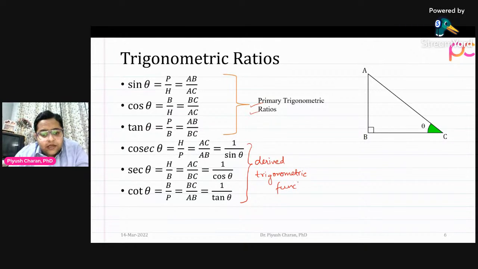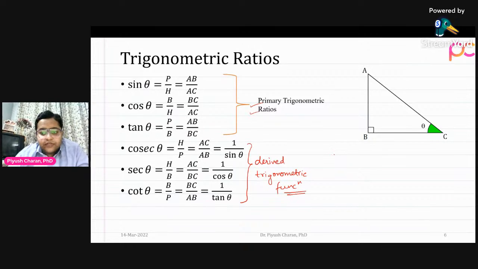Why? Because these trigonometric functions are derived from the very basics or the primary trigonometric functions. Cosec theta is nothing but the reciprocal of sine theta, sec theta is nothing but the reciprocal of cos theta, and cot theta is the reciprocal of tan theta.